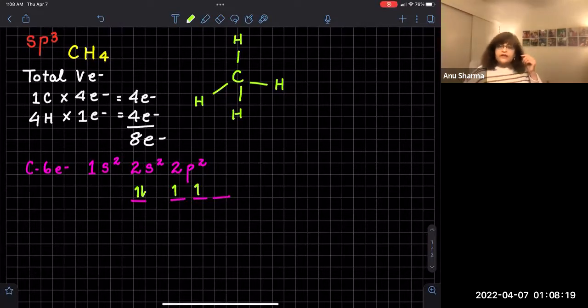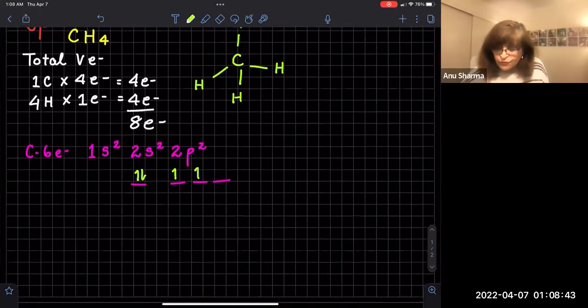Now here's the deal. If you look at the electronic configuration, carbon is only showing 2 unpaired electrons. So 2 unpaired electrons means that it can only make 2 bonds, right? Because these 2 electrons need to be paired, and right now they are not paired, but once they get paired, they're going to form pairing.